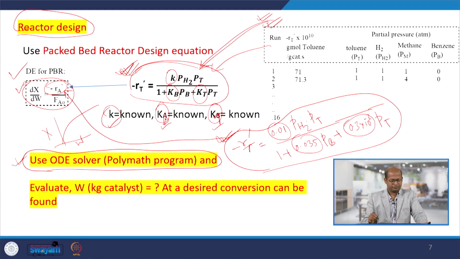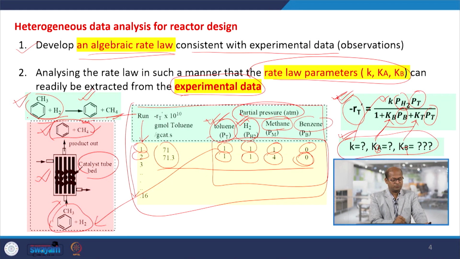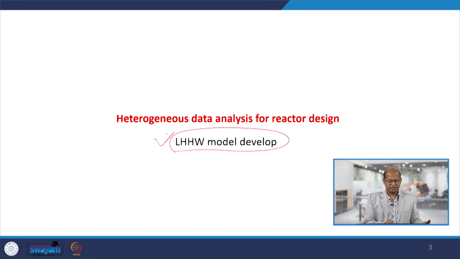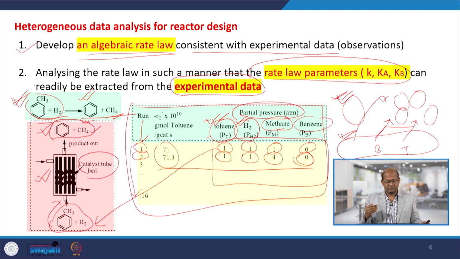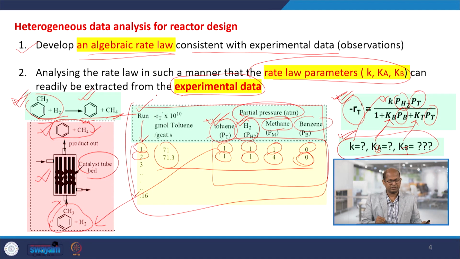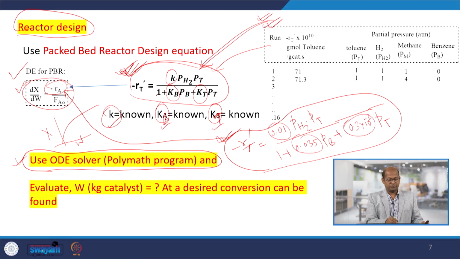For the toluene to benzene formation reaction, we have considered Langmuir-Hinshelwood, Hougen-Watson type models. We developed rate equations and fitted them with the experimental results, and based on that we have developed some rate equations, which, let us say, fit that particular reaction.